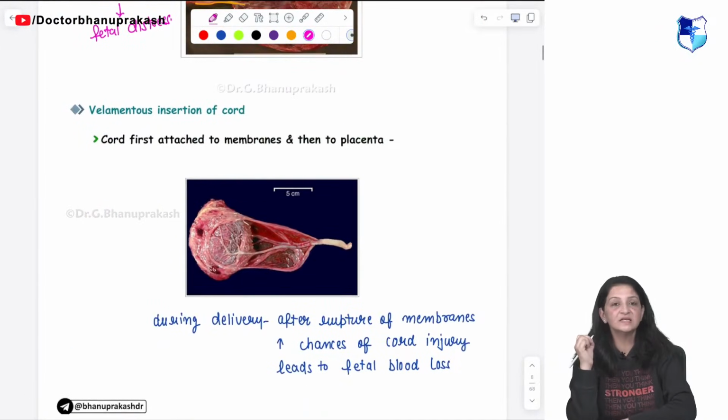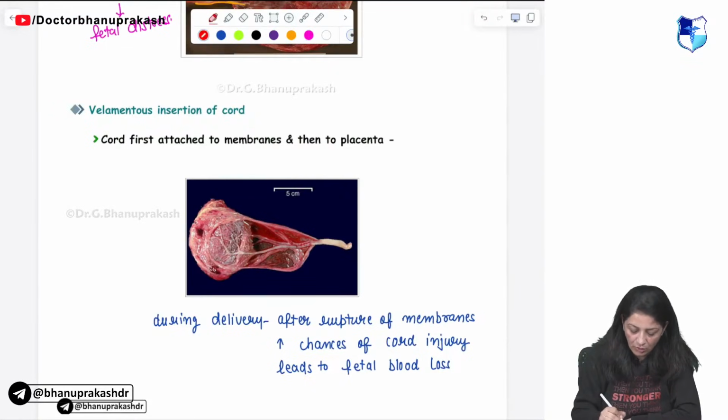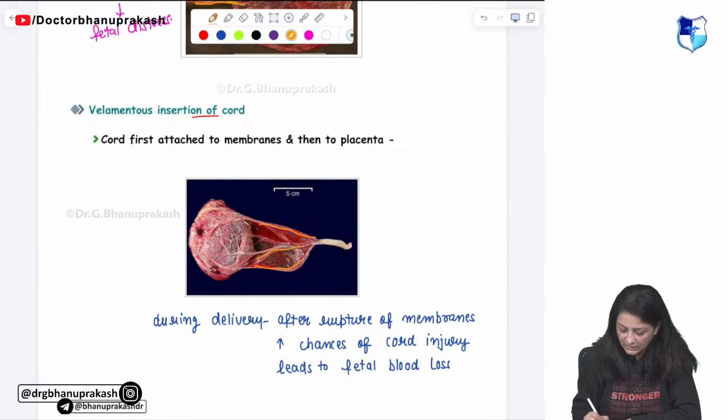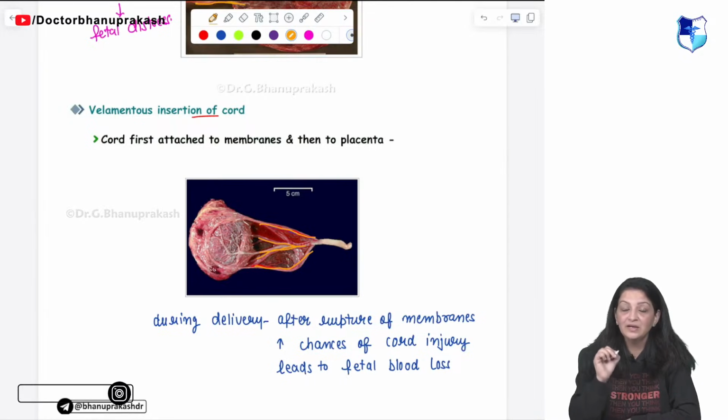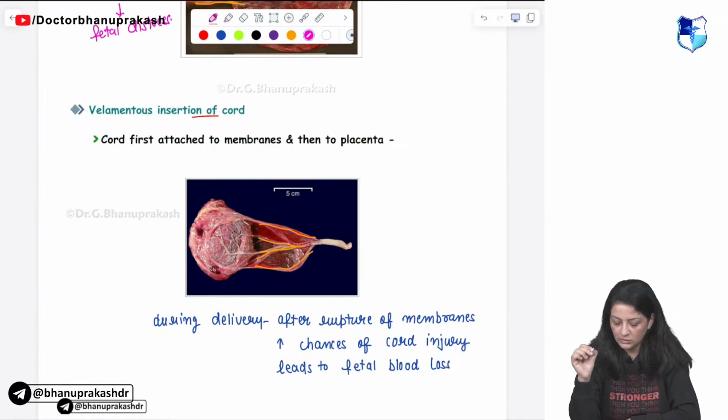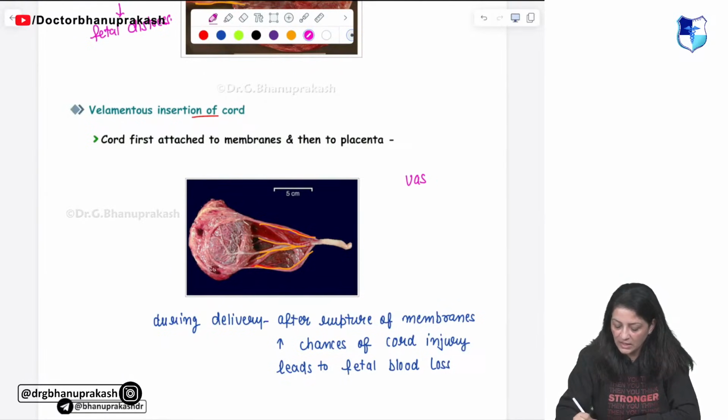Now, this is a velamentous insertion of cord. The cord is first attached to the membranes, then to the placenta. If the velamentous insertion of cord is present over the internal os, this is called vasa previa.